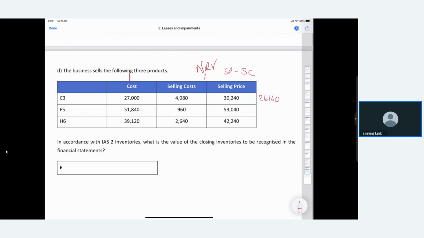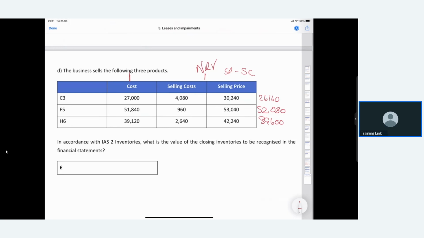Then on the next one, 53,040 less 960, 52,080, and then on the last one, 42,240 minus 2,640 equals 39,600.